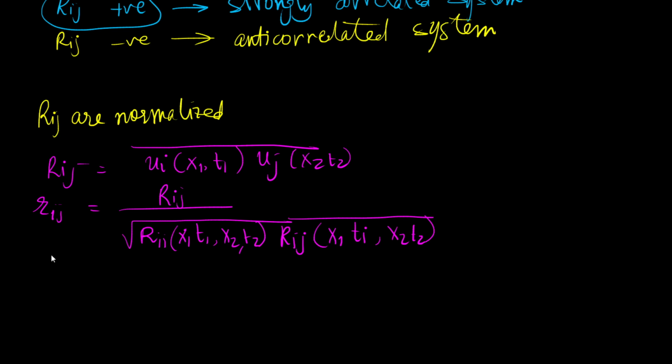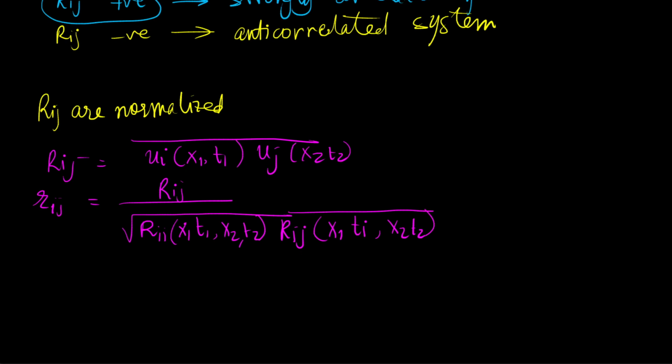So let us consider the example for 1 comma 2. Or we can choose, let's say, i equal to 1 and j equal to 1.